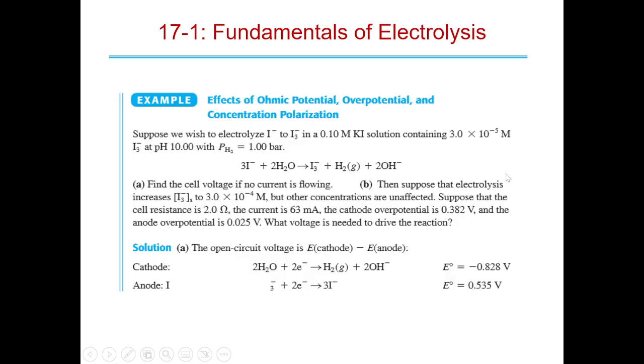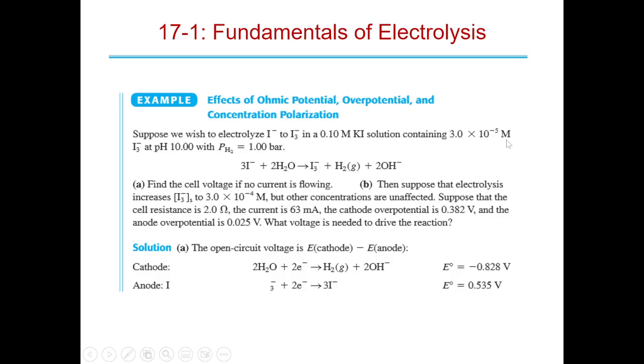All right, so suppose we electrolyze I minus to I3 minus in a 0.1 molarity KI solution containing a certain concentration of I3 minus. At pH 10, the pressure of H2 is 1 bar. Let's find the cell voltage if no current is flowing. Then we suppose that the electrolysis increases I3 minus to 3.0 times 10 to the negative 4 molarity.